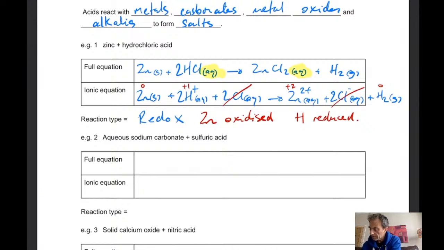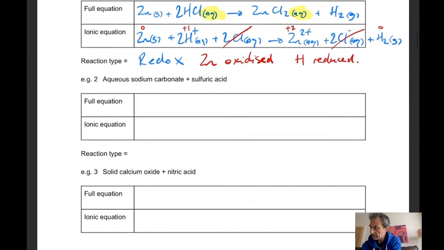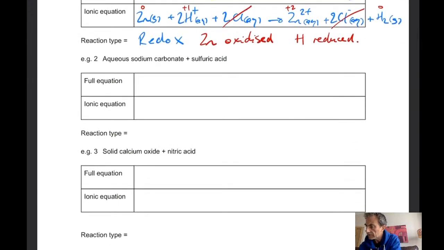Okay, next one is aqueous sodium carbonate and sulfuric acid. So the full equation first, so that's Na2CO3 AQ plus H2SO4 AQ goes to sodium sulfate, Na2SO4 AQ.